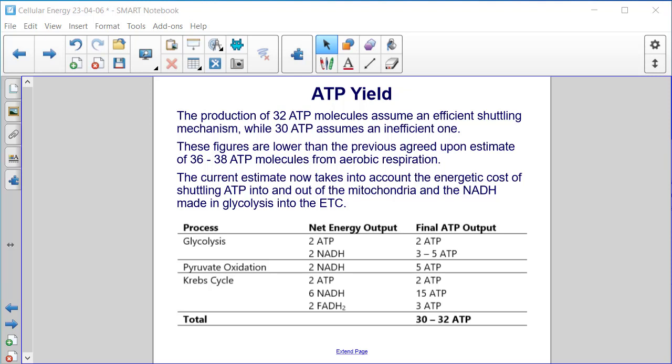The current estimate now takes into account the energetic cost of shuttling ATP into and out of the mitochondria and the NADH made in glycolysis into the electron transport chain. So we have an output of ATP during glycolysis, pyruvate oxidation, and the Krebs or citric acid cycle, with a total net final ATP output of 30 to 32.